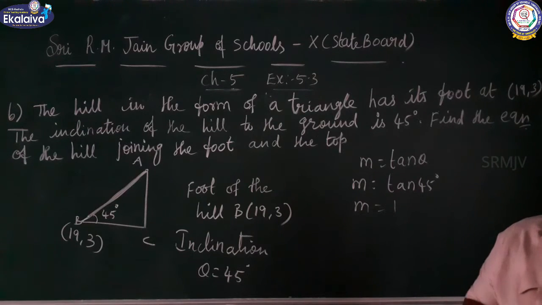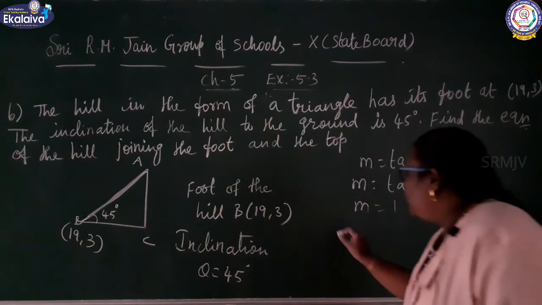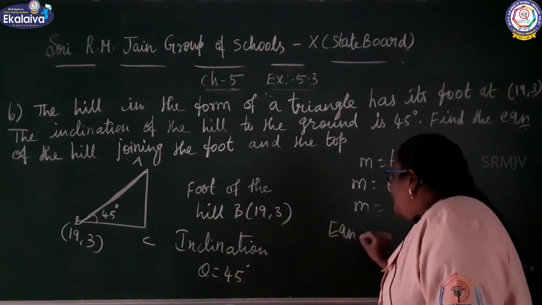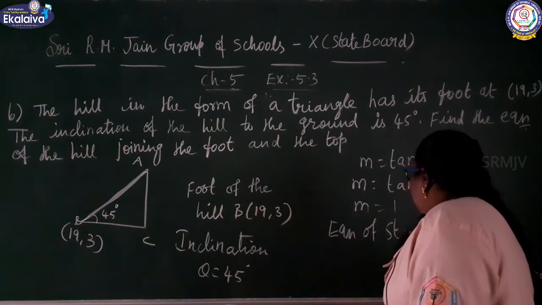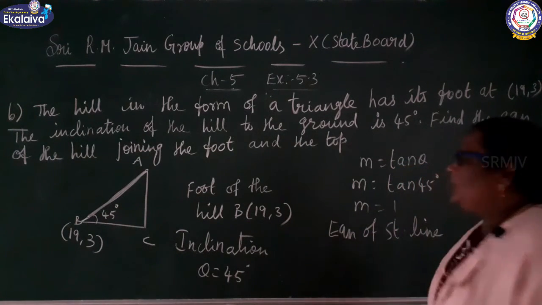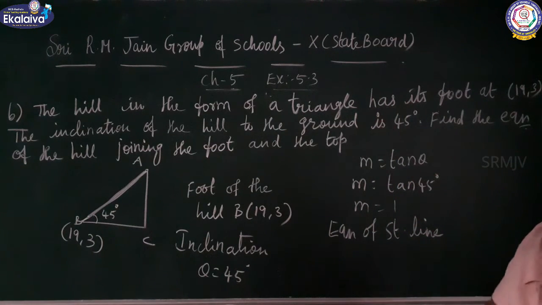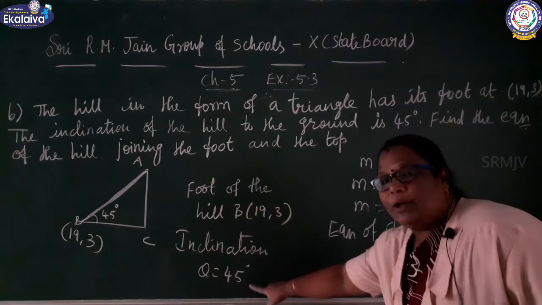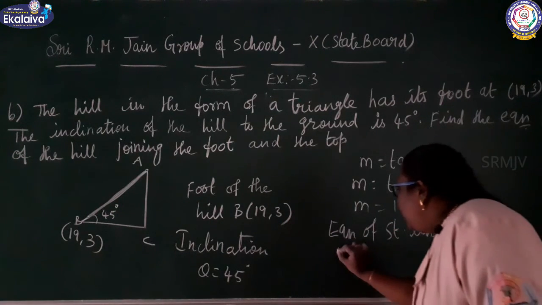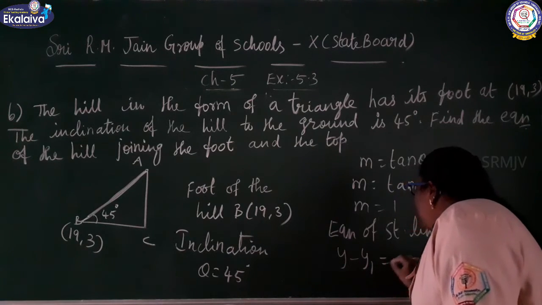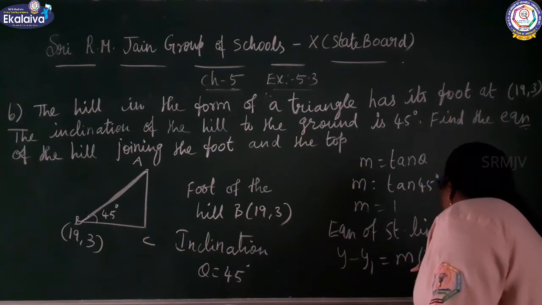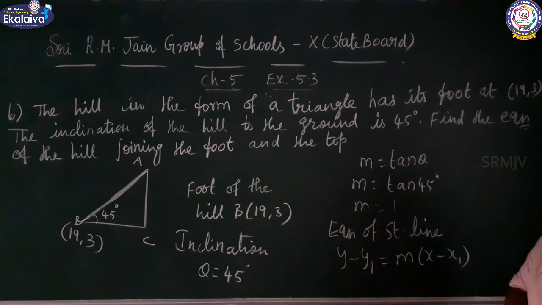So, the one point, one slope form. What is the one point formula? The equation of the straight line, that is, the foot and the top of the hill. One point is given and one slope is given. The formula is y minus y1 equal to m into x minus x1.